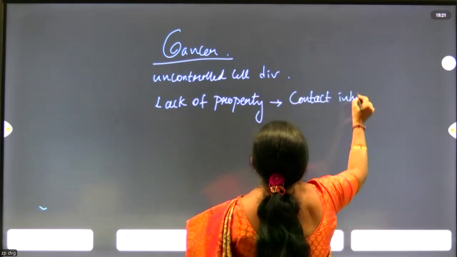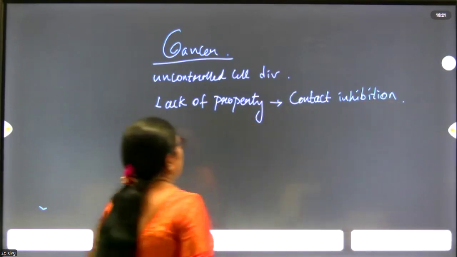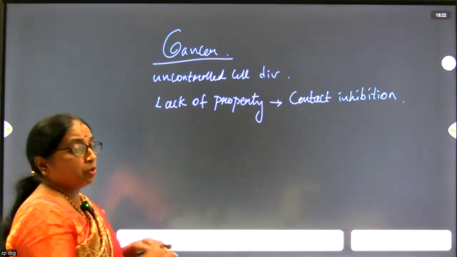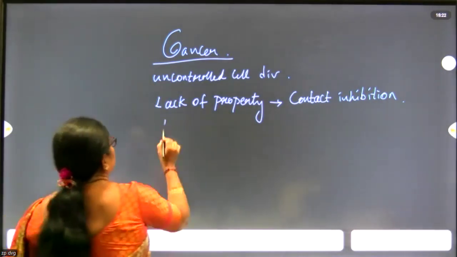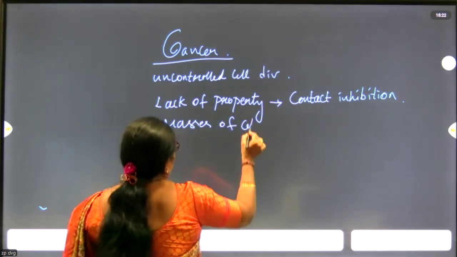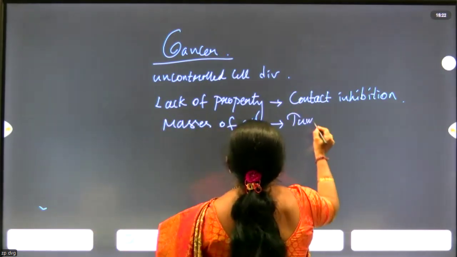So due to the lack of this property, cells start dividing in an uncontrolled manner and produce masses of cells. The masses of cells are referred to as tumors.